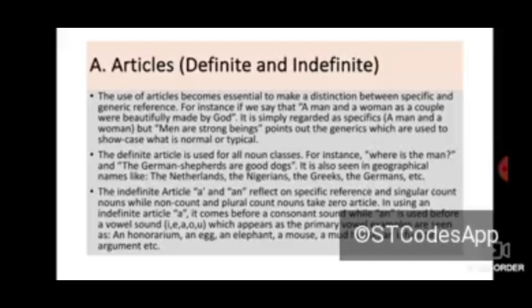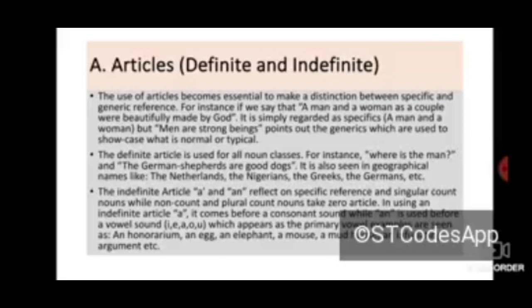What is the use of articles? Articles become essential to make a distinction between specific and generic reference. When you're making a specific reference, an example will be, I need a biro. For instance, we can say that a man and a woman as a couple were beautifully made by God.